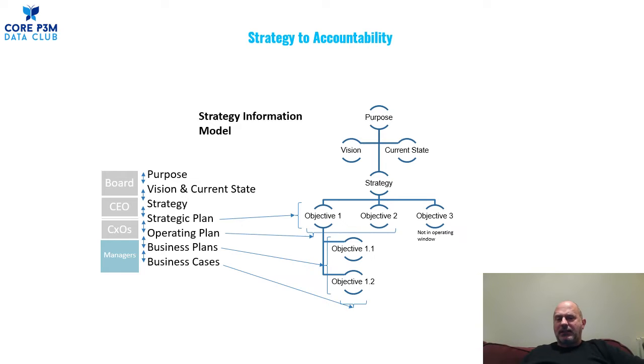And individual objectives and individual projects or programs or products that fall out of the business plan may have individual business cases to justify them independently. And these items may well be owned by the most senior entity within the business. The CEO might own these things, directors might own these things, and managers might own these things. And each of these people is accountable perhaps for delivering these objectives and their related key results.